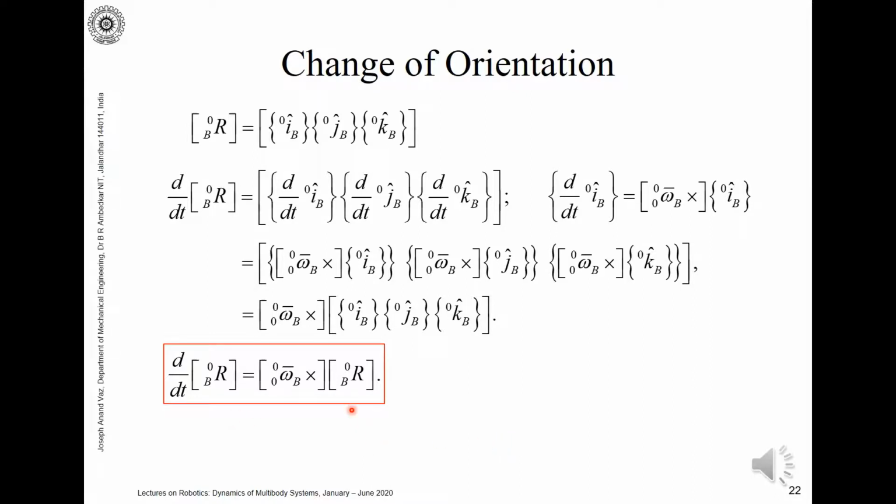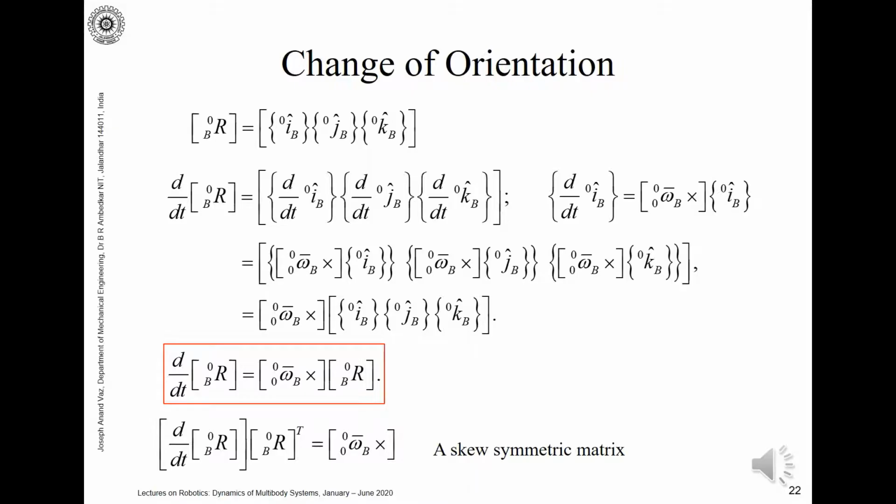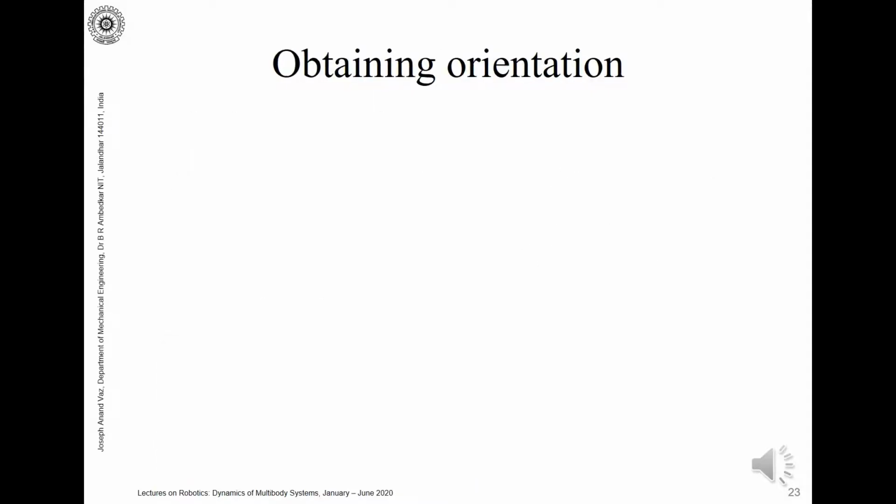If we post multiply both sides by the transpose of the R matrix, we obtain the derivative of the R matrix times R transpose is equal to omega cross matrix, which is a skew symmetric matrix.